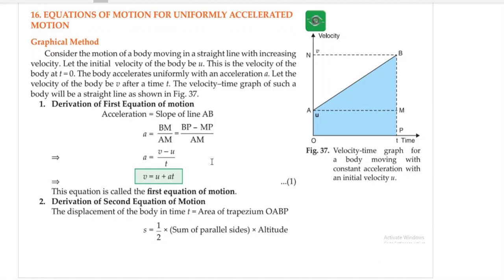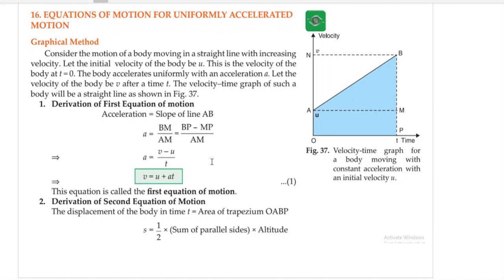So how to do this derivation and how to remember this derivation, that I'm going to show you. I'm going to explain to you. So your task will be to understand and remember the steps which I'm going to use to derive the three equations of motion.